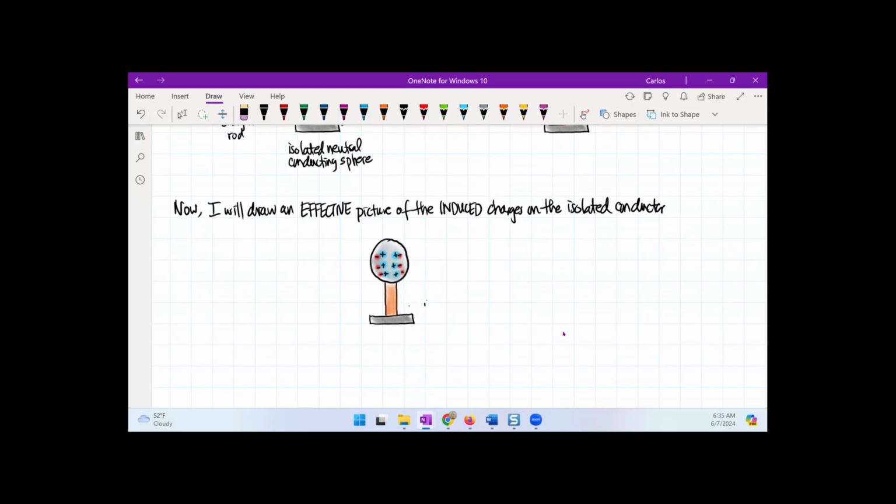So if I now focus only on the sphere, what is it that I see here? What we do here is ignore all the distribution of charges that we just saw. And what we effectively do is say that on this side, I have developed a positive charge.